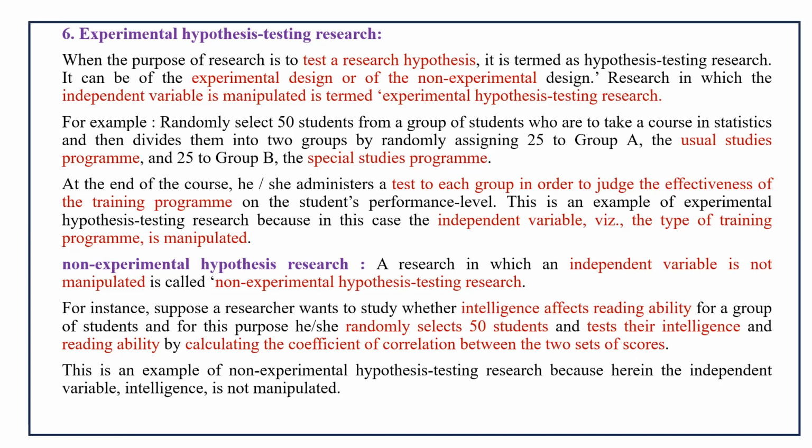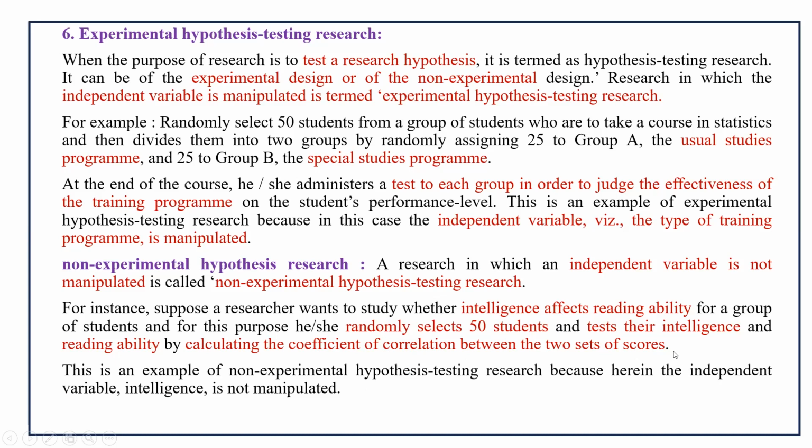So intelligence and reading ability are what the researcher wants to study, right? To do that, he randomly selects 50 students, divides them again into two groups, group A and group B, and tests their intelligence. Then both groups of students are going to read the same text or different text, they are just going to read it, right? And then calculate the coefficient of correlation between the two sets of scores.